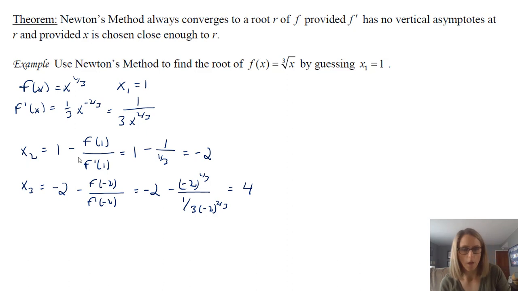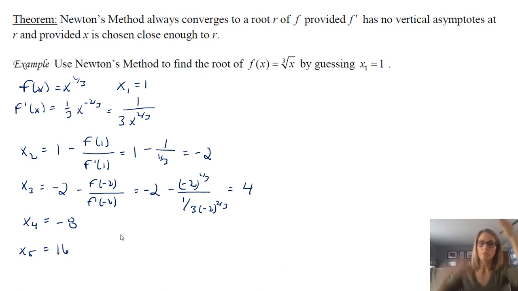So you get 4. It might not be enough for you to guess the next values, but if you were to guess, you might guess the next value is -8, and if you did this another time, you would get, as you can maybe guess at this point, 16. So the point is we are bouncing.